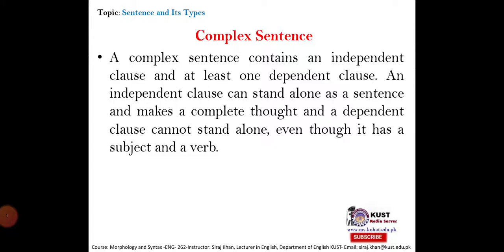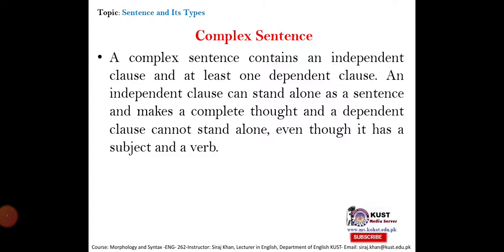Complex sentences, the third type of sentence, contain an independent clause and at least one dependent clause. An independent clause can stand alone as a sentence and makes a complete thought, and a dependent clause cannot stand alone even though it has a subject and a verb.